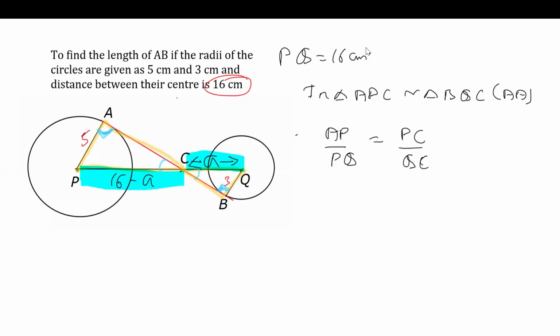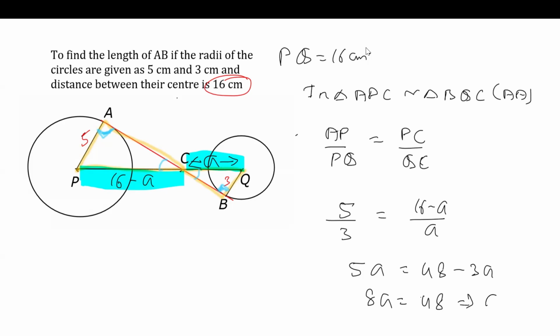Now if I write down the lengths, AP is 5, the length of PQ is 3, PC is 16 minus A, and QC is 8. Now, if I do cross multiplication, what do we get here? We get 5 times A is equal to 48 minus 3 times A. That gives 8A as 48. So we get A as 6 centimeter.